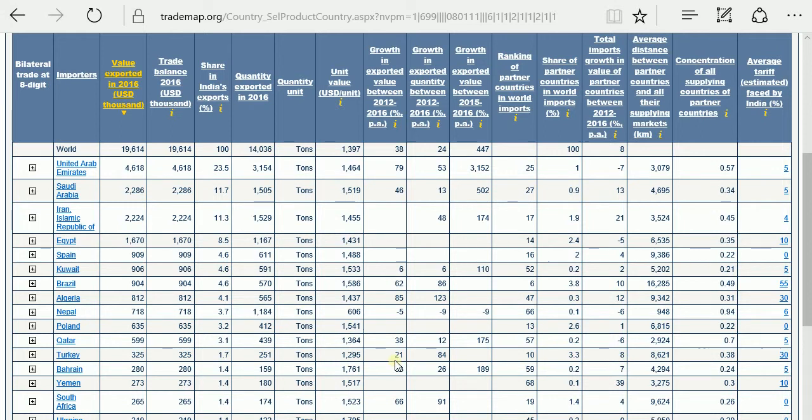When we see desiccated coconut, it has recorded positive growth in both value and quantity. Here, the quantity exported from India to Turkey is up 84%, but the value is not rising comparative to the quantity exported. So when I am exporting to Turkey, I can get a good quantity of orders, but I have to fix a comparatively lower price for the Turkey market. So this is how we can use the data from trade map while prioritizing the import market.